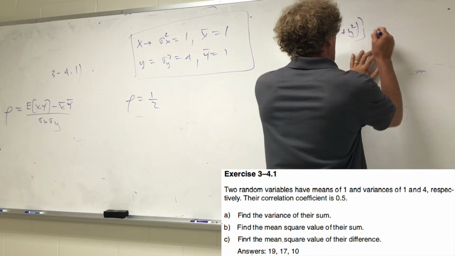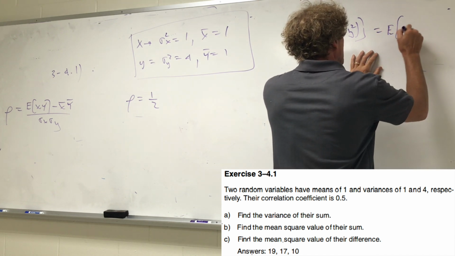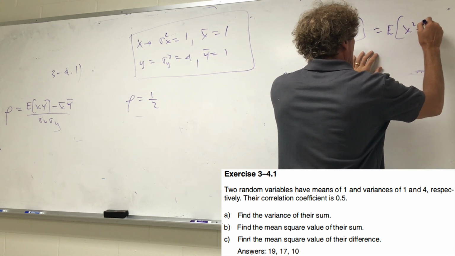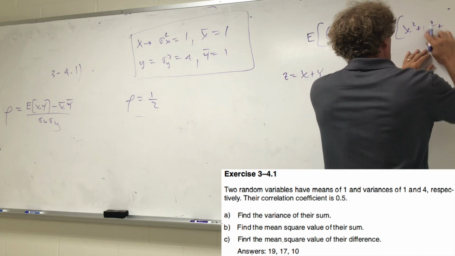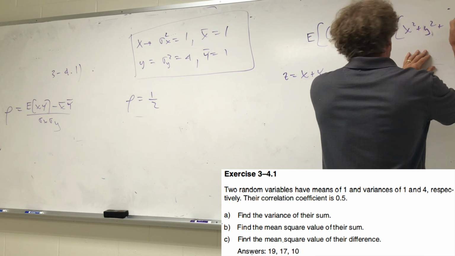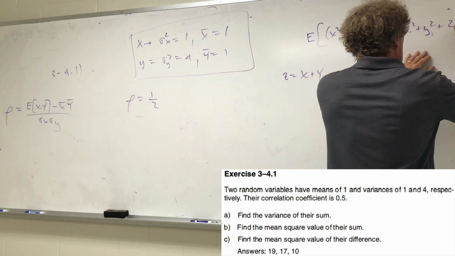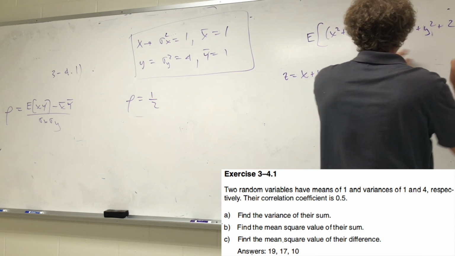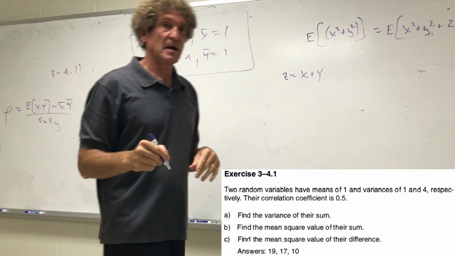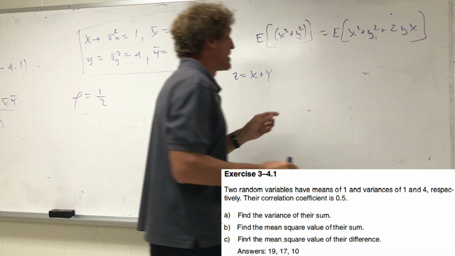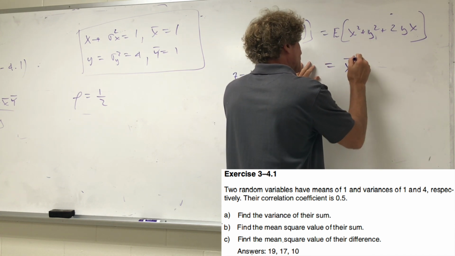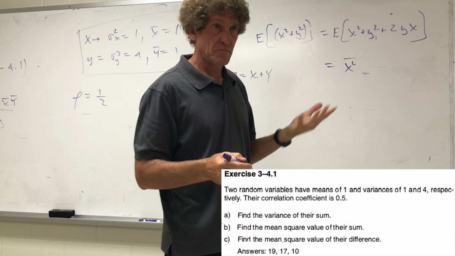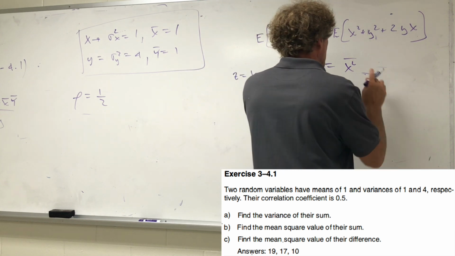If you square that out, it's the expected value of x squared plus y squared plus 2 times yx, right? And I'm just multiplying that out, and I hope everybody can see this. All right, now I can say this is the expected value of just x squared bar. I'm just rewriting it in terms of shorthand.